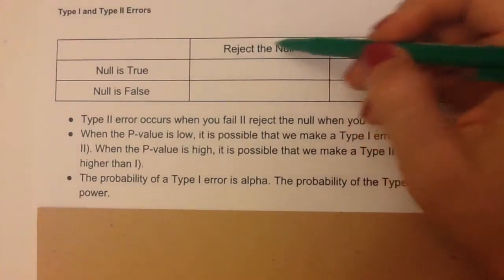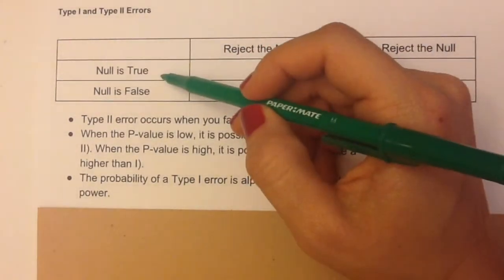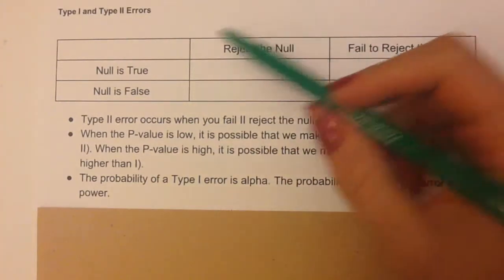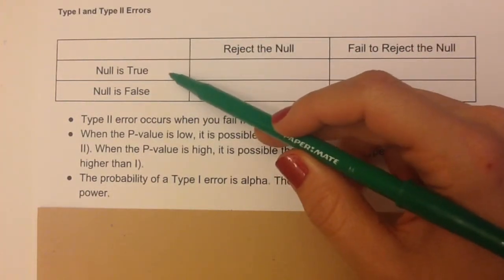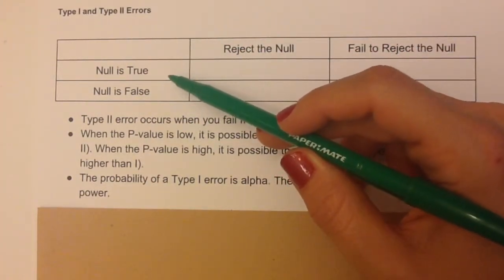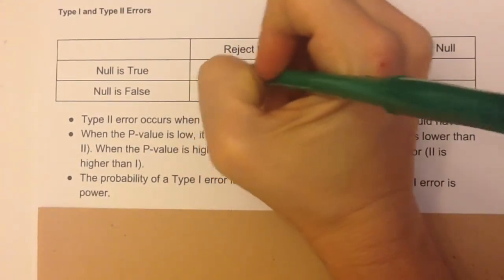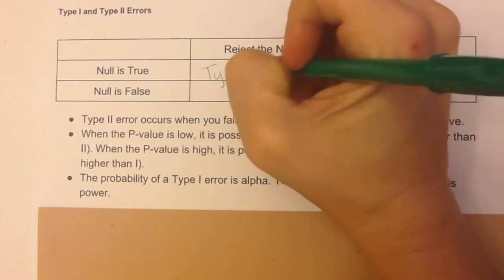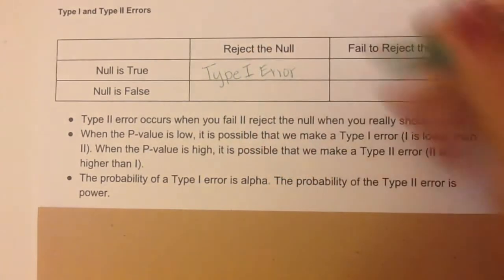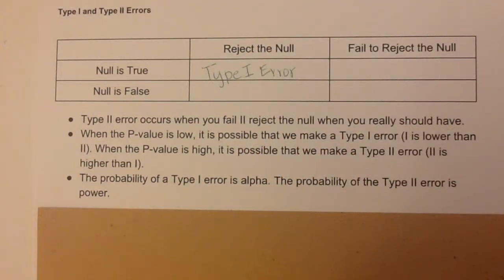So if we reject the null when the null is actually true, notice we have made an error. We have done something wrong. This is your type 1 error. Now in the next case, we fail to reject the null when the null is true.